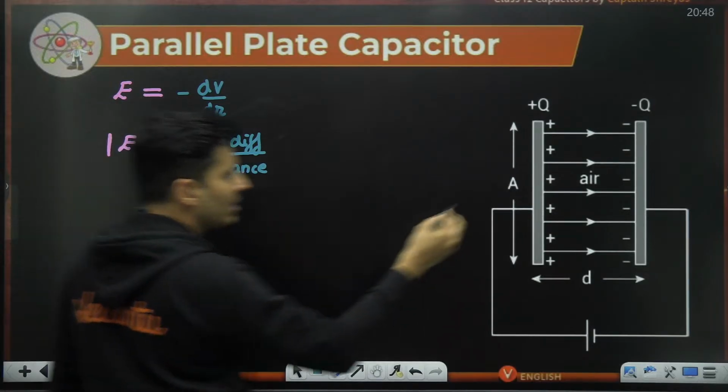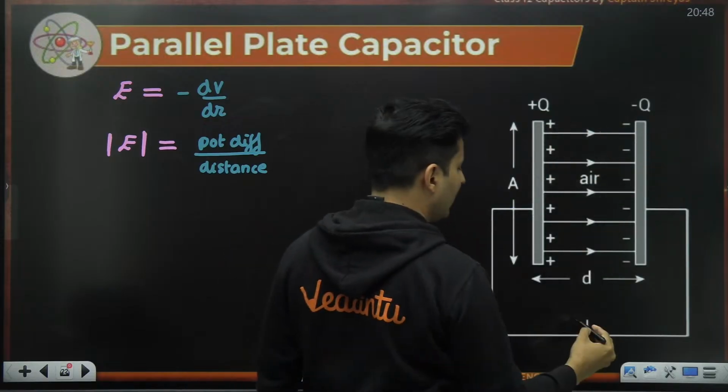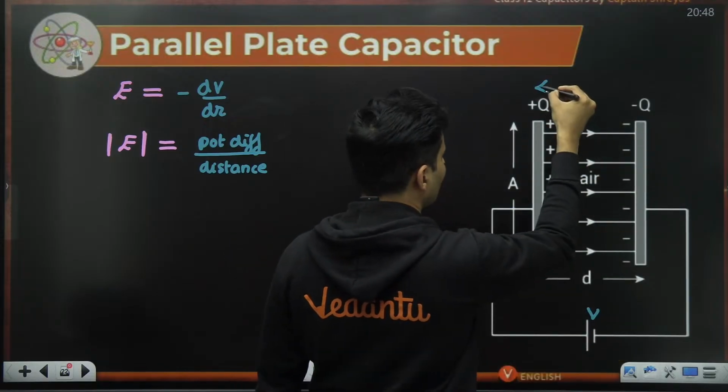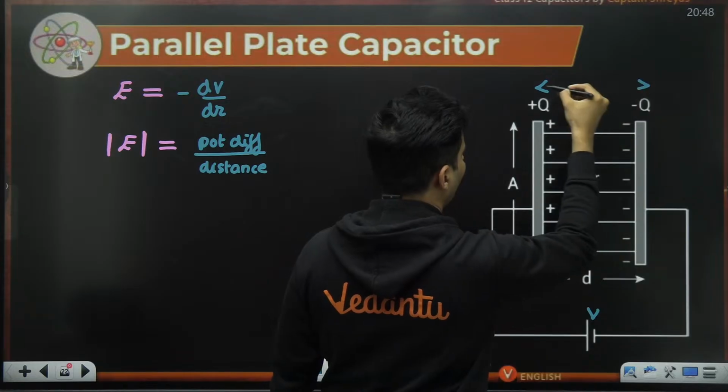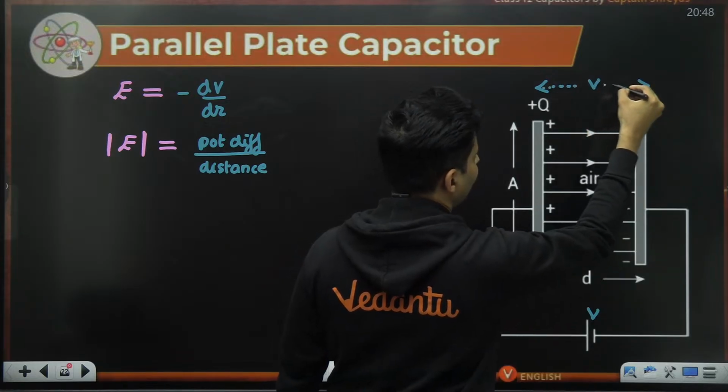So what is the potential difference between this plate and this plate? It is obviously V volts.